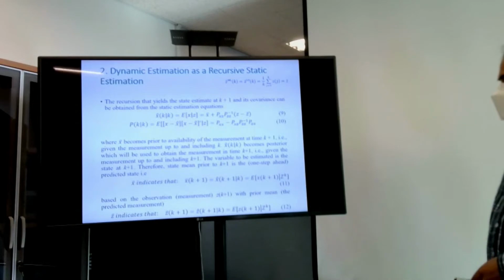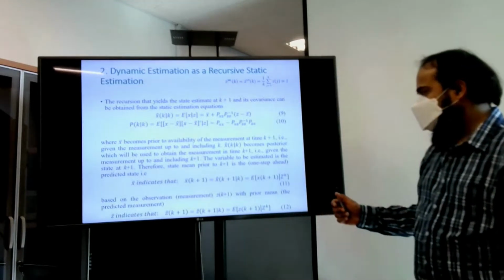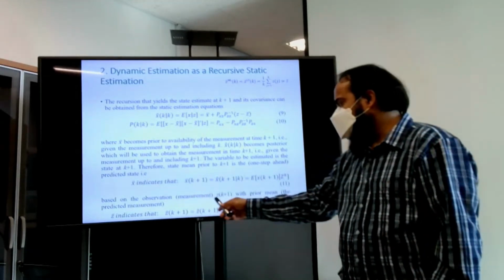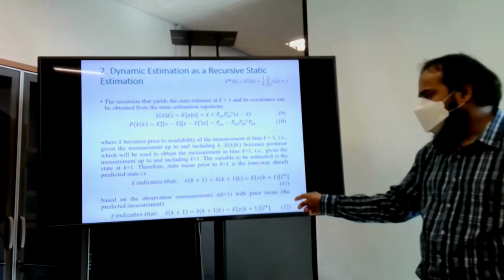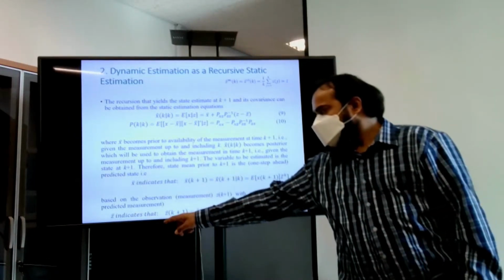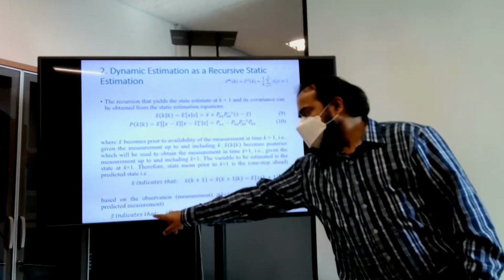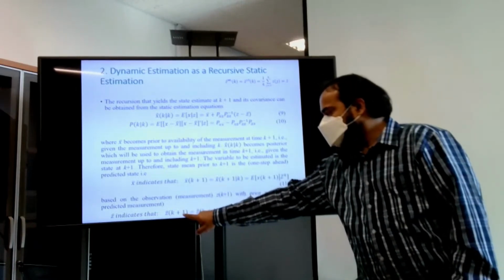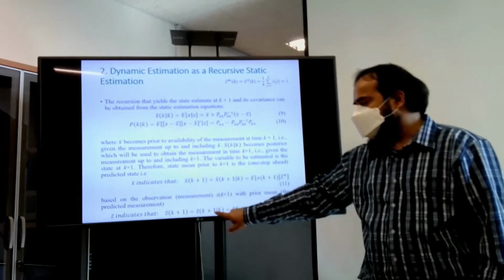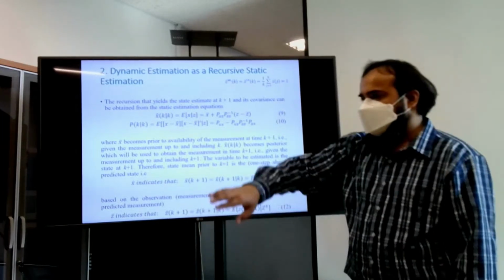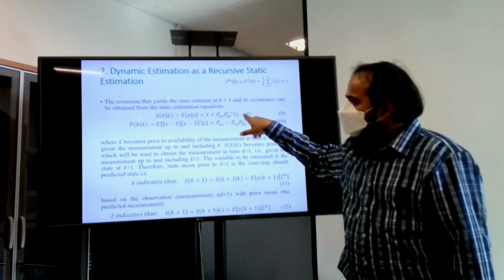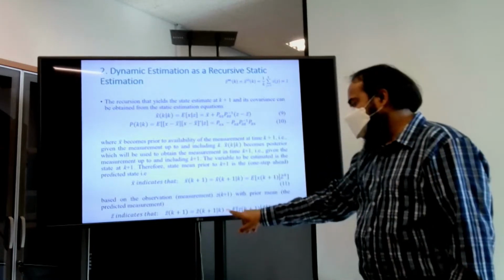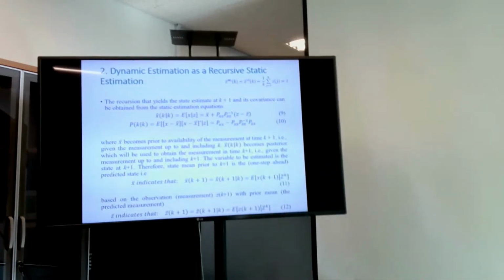So based on the observation measurement zk plus 1 with the predicted mean, the predicted measurement, where zk indicates the previous value, is equal to the same value, because we are using the previous information here to calculate the new information as the expression over this one. Clear?